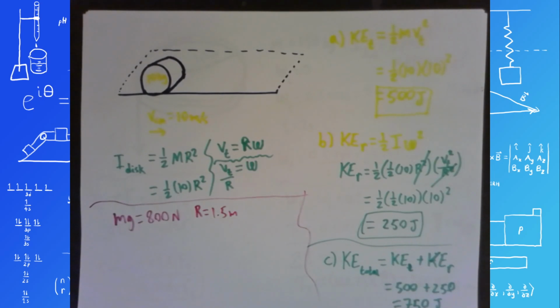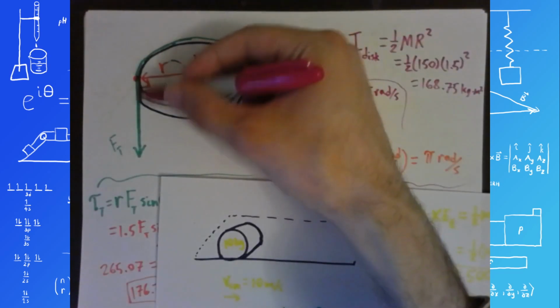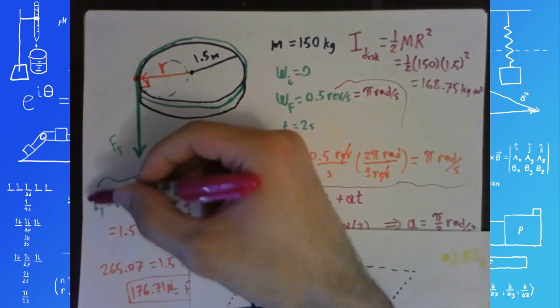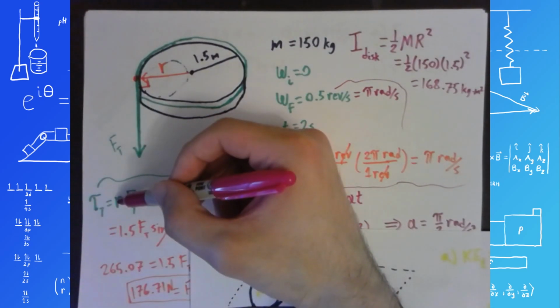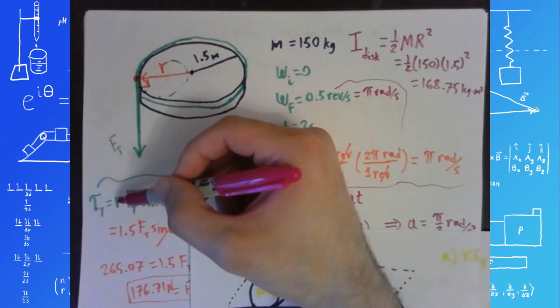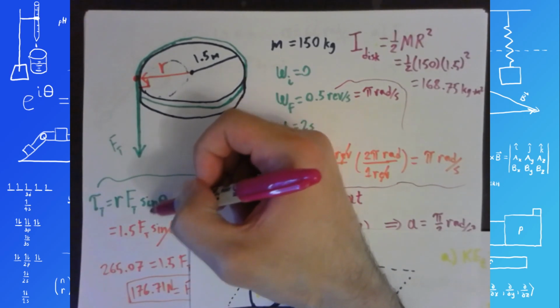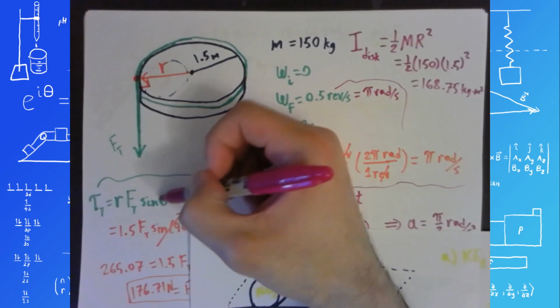There is a force exerted on it of 50 newtons, and it's exerted tangent to it, so that the torque resulting from it is just going to be the radius of the merry-go-round times that pulling force times sine of 90 degrees, which just gives you a 1.